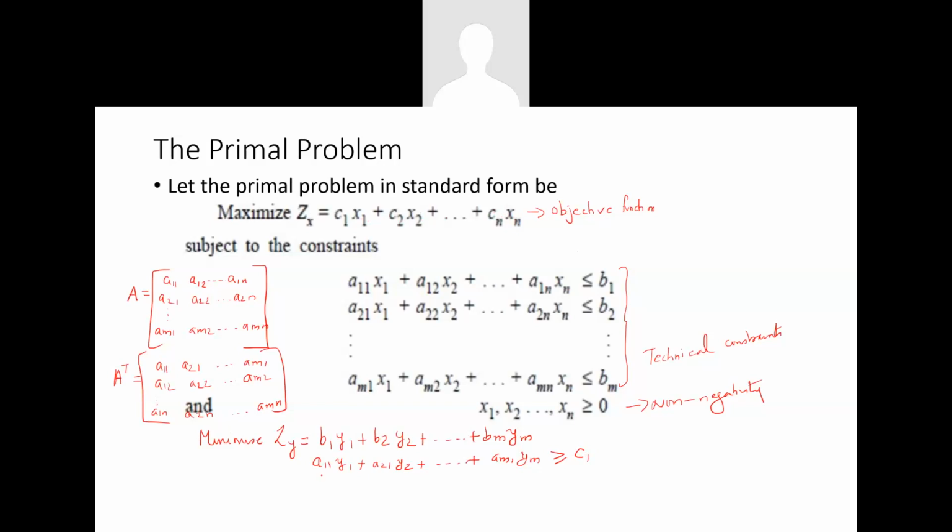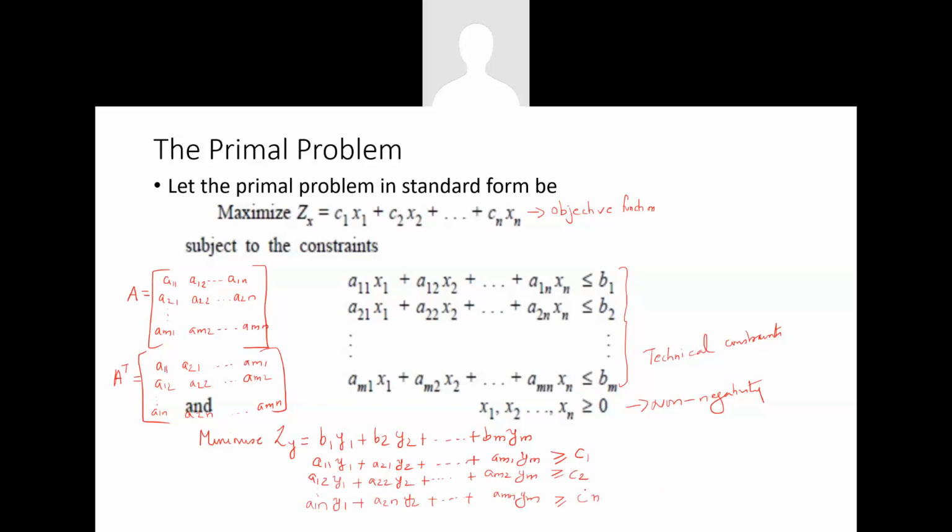The next constraint can be written as a12 y1 plus a22 y2 plus up to plus am2 ym, which is greater than or equal to c2, and that goes on like that. And finally you have a1n y1 plus a2n y2 plus up to plus amn ym, that is greater than or equal to cn, right?